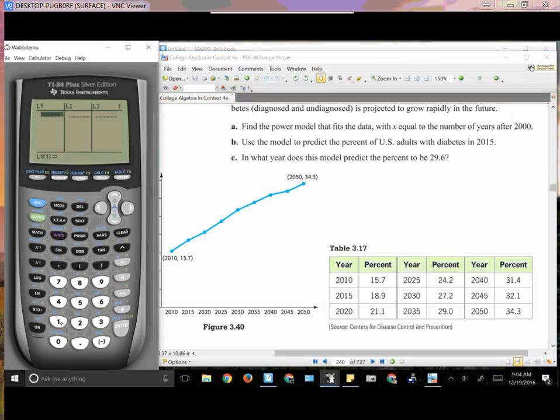First piece of data. Once you get all that stuff in there, put it for L2, your percentages.